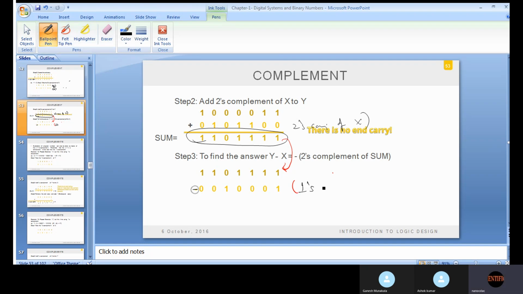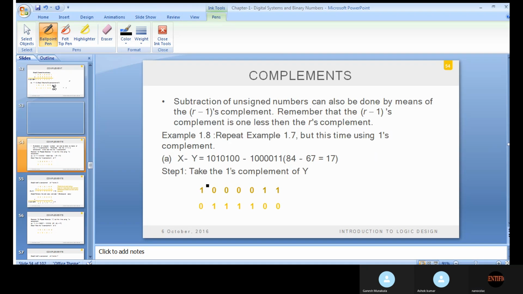This is 1's complement. యాక్చువల్గా మనం ఏం చేయాలి అని అంటే minus 2's complement of sum, ఇది 1's complement of sum. ఓకే, ఇది మనకు సమ్ వచ్చింది కదా, దీన్ని 1's complement.